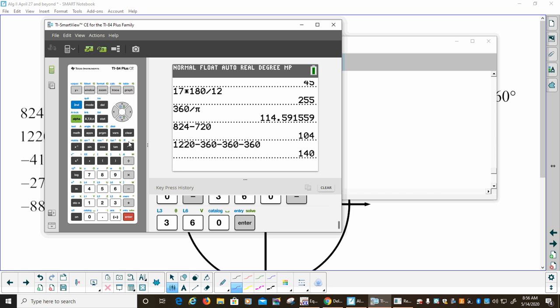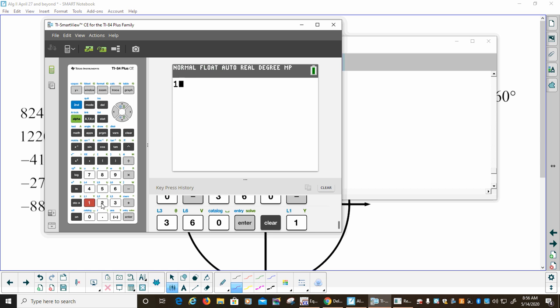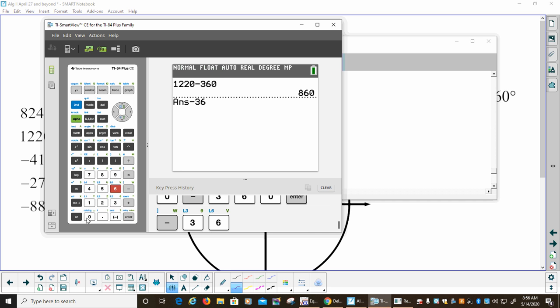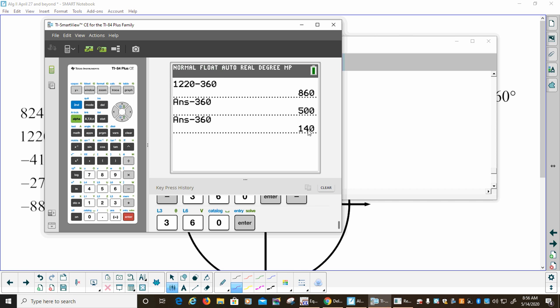Let's say I didn't know how many to subtract, so let's go 1220 minus 360. That's still bigger than 360 degrees. So I do it again, minus 360. That's still bigger than 360 degrees. Minus 360. That's less than 360 degrees, so you quit. So 140 degrees would be the coterminal angle.